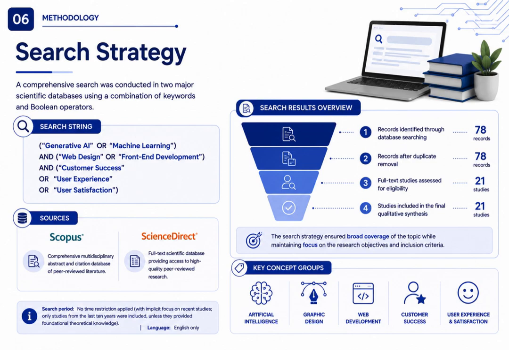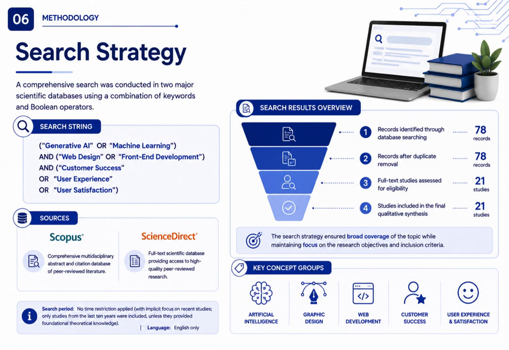Our search strategy combined keywords related to artificial intelligence, graphic design, web development, customer success, and user experience. Boolean operators were used to connect these terms and retrieve relevant publications.